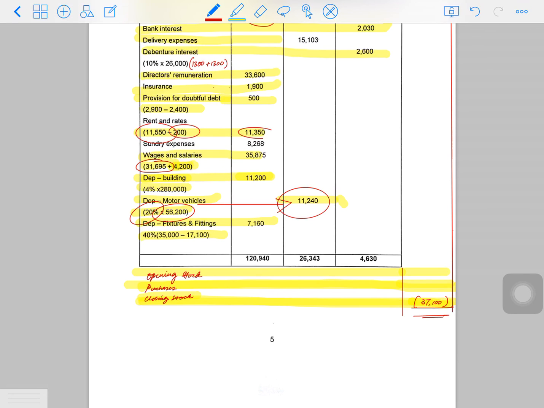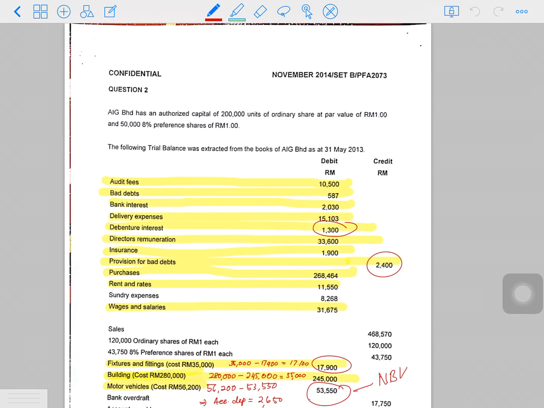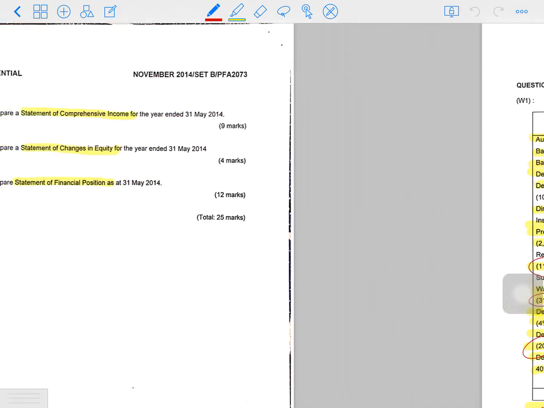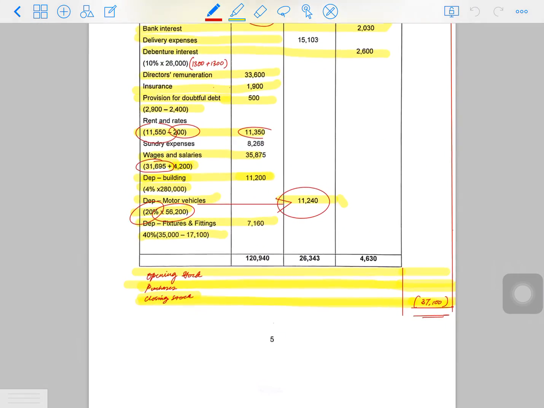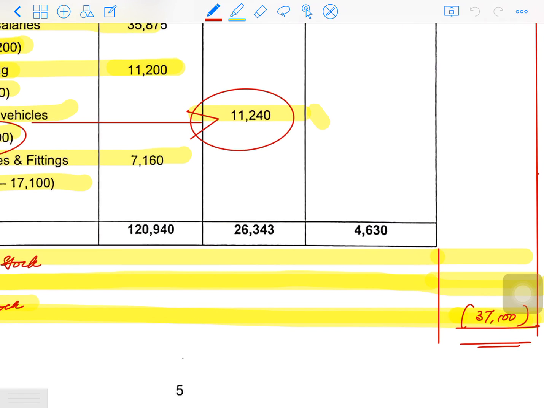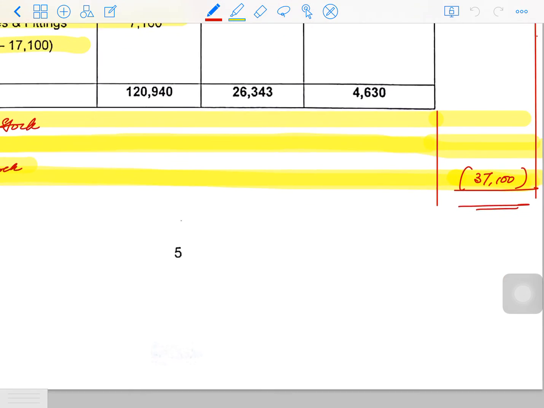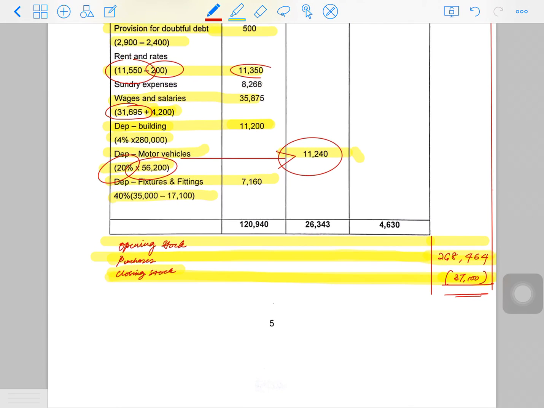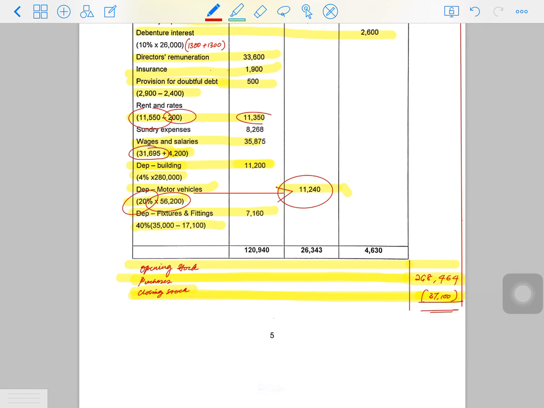Berapa tadi? Purchases 268,464. Okay, purchases. So debit cost of sales.